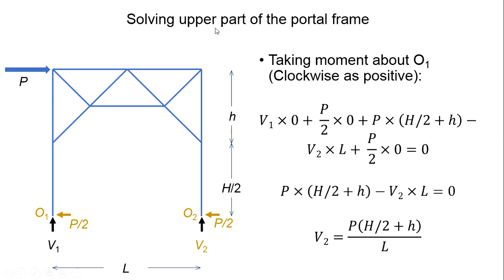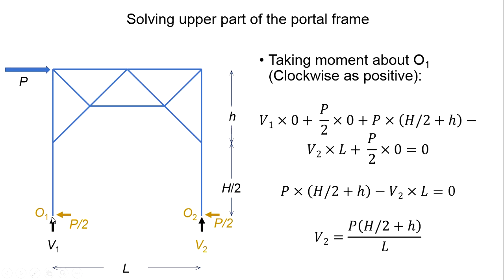Now, solving the upper part of the portal frame is taking moment about a point. We will take moment about any of the points of contraflexure. Let us say we are taking moment about O1, which is the point of contraflexure in the left column. We are considering clockwise moment as positive.